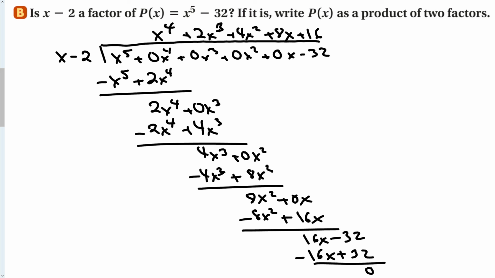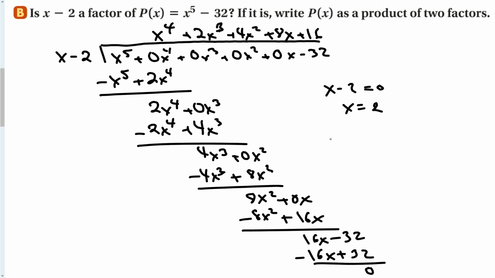And my two factors were x minus 2 and that other big long one up there. Now, if you remember the factor theorem, if p of x is equal to 0, then that term is a factor. So for x minus 2, we can say if x is equal to 2, that is the root.